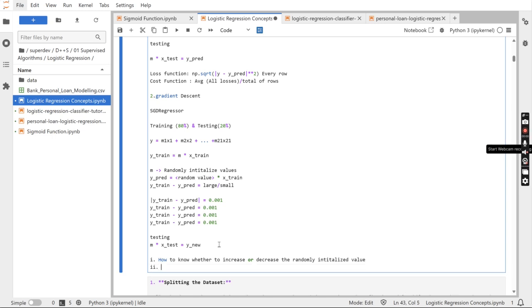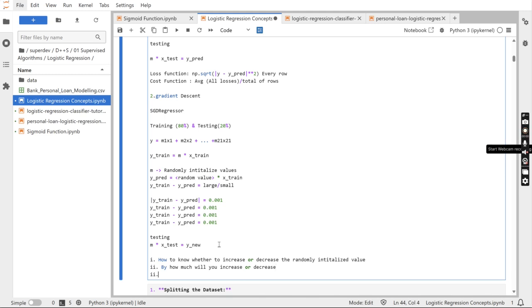Second thing is, let's say you got to know whether you have to increase or decrease. The next question is, by how much will you increase or decrease? And how many times we increase or decrease, we already discussed: we continue until we no longer see a difference.